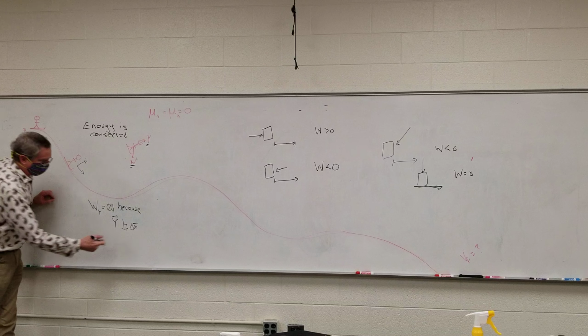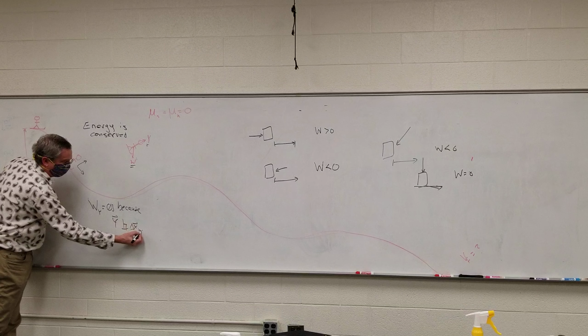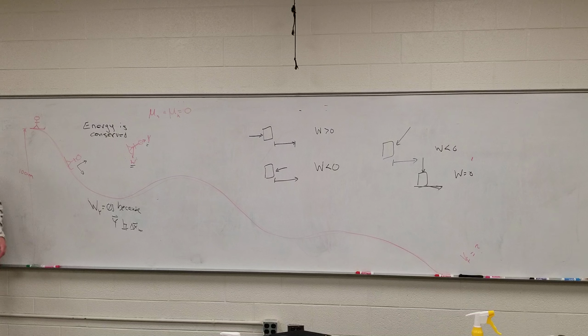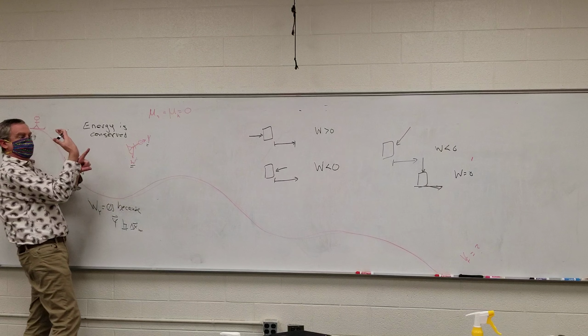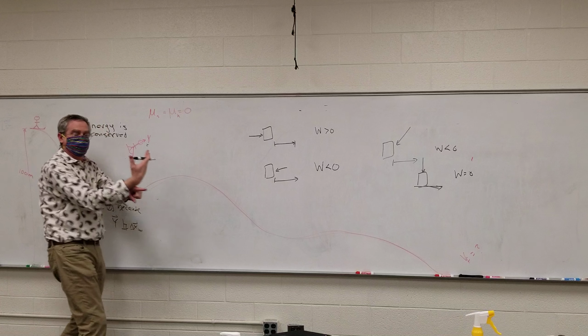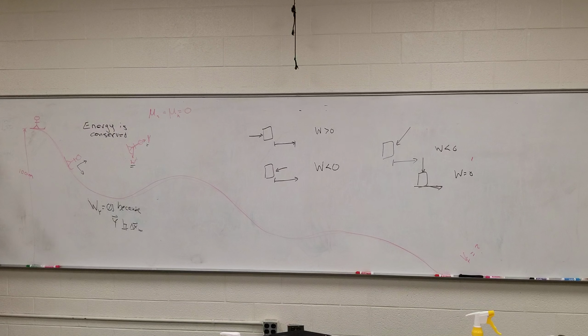And I should say instantaneous displacement, because that's what matters here. I'm not worried about overall displacement. While the normal force is in that direction, he's moving that way. When he's here, the normal force is this way and he's moving that way. So no matter where he is, the normal force is always perpendicular to where he's moving.